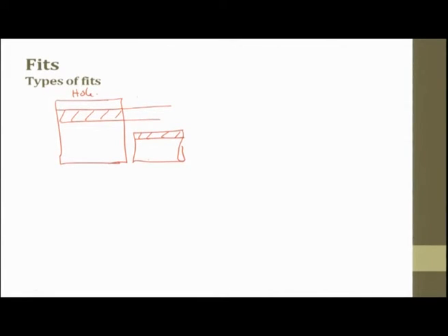So, let us try to draw it in a schematic diagram. This is a hole, this is a shaft. So, this is called the minimum clearance. Okay.